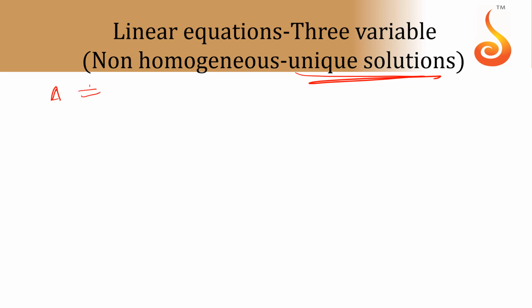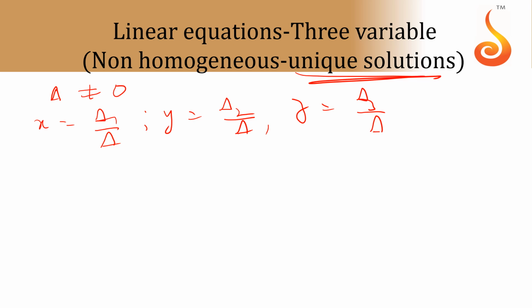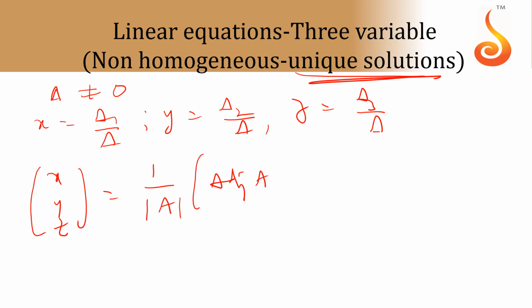Remember, delta won't be 0, because according to Cramer's rule, x should be delta 1 by delta, y should be delta 2 by delta, z should be delta 3 by delta. Then you cannot have delta equal to 0. So delta won't be 0. Then that x, y, z you can get with 1 by det A into adjoint A into B also.